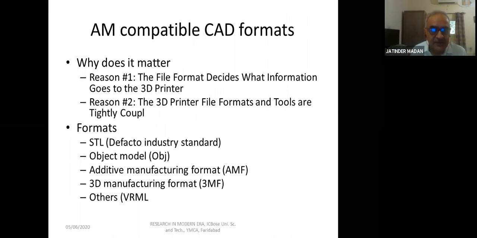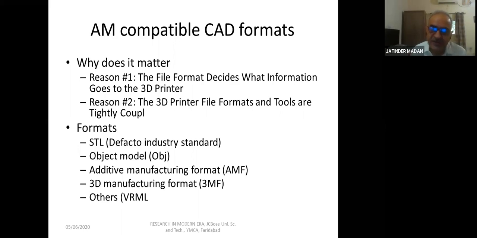So why does it matter? Reason one, the file format decides what information goes to the 3D print. Okay, so if your 3D model is not good or not representing the information, suppose you have composites, so you have a 3D printing material, but you have a CAD model which cannot accommodate composites.